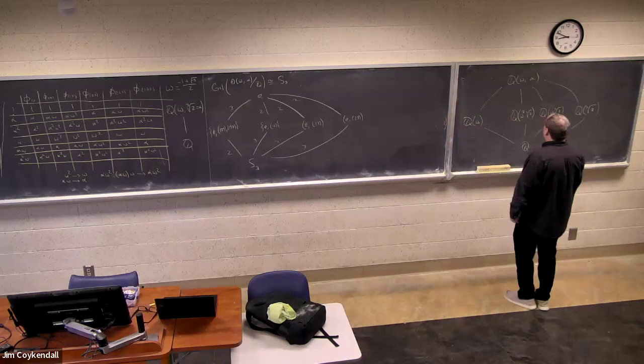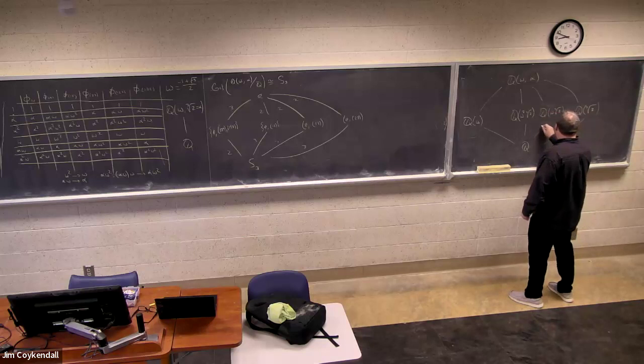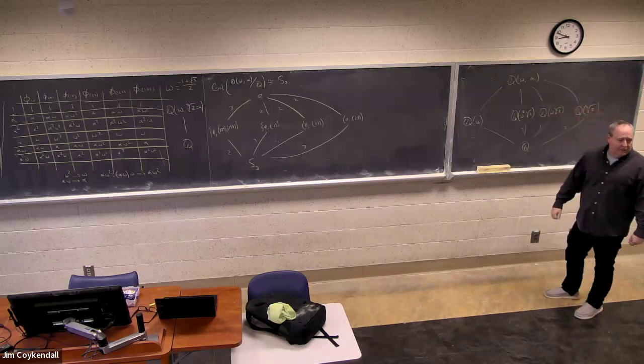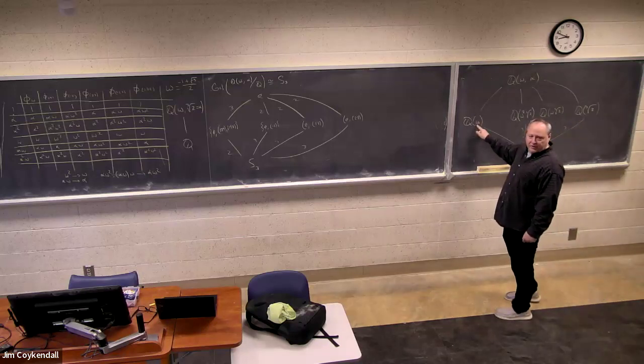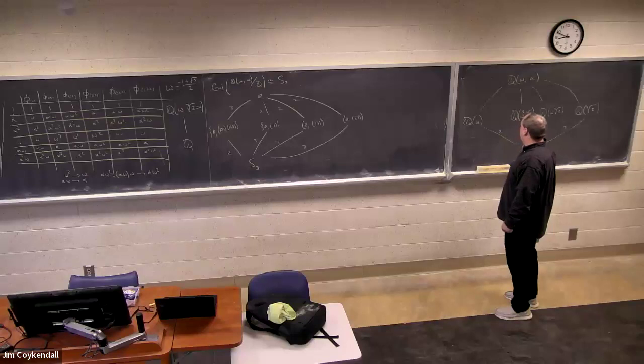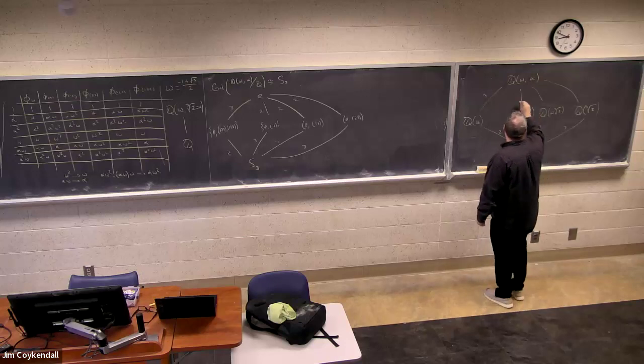What happens here? To go from here to here is degree 3, because these are all the 3 roots of the cube root of 2, which is an irreducible polynomial. This is the root of x squared plus x plus 1, which is degree 2. This has a degree 3 extension because you've got to join the alpha, and all you need to get from here to here is just omega.